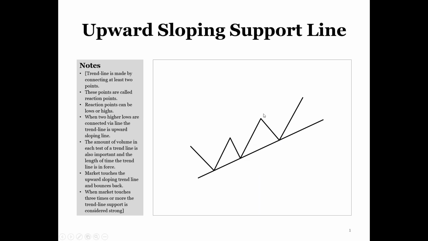So when the price bounces back up and makes a higher high than these two prices and bounces back, it should bounce back to the dotted line. So when it does, that's the confirmation of a trend line. So then we can say that the trend is valid.